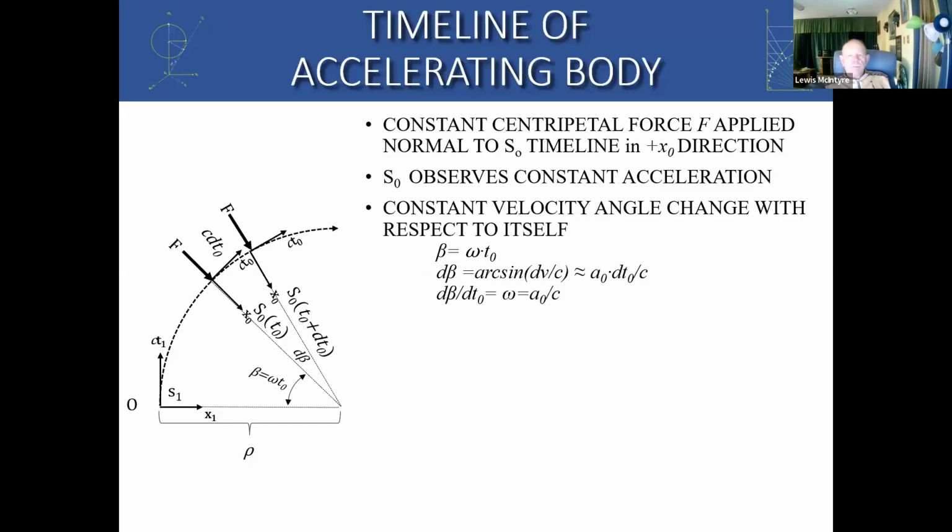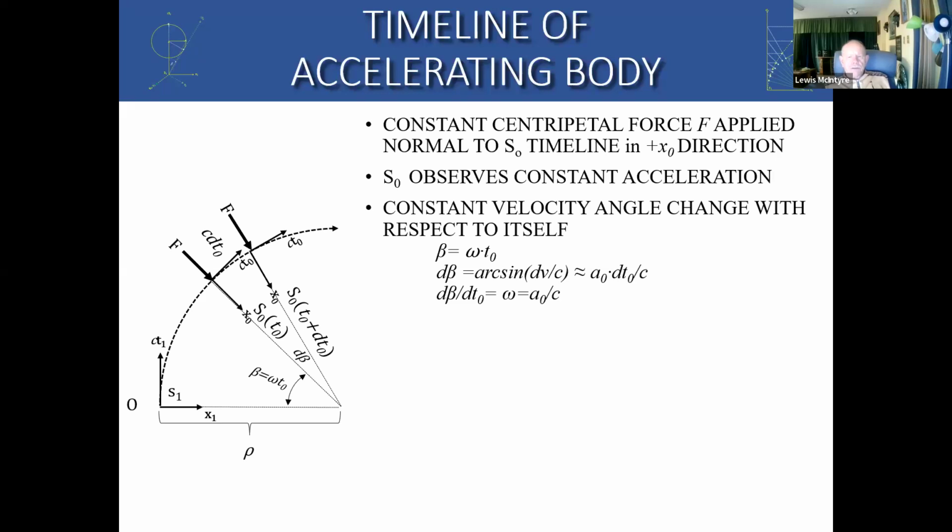We're going to use the timeline from the velocity triangle. At time 0, S0's timeline is initially at rest with and parallel to S1's at O. But with each tick of its clock dt sub 0, its timeline will bend by the amount d beta, equal to dv over c, with respect to its own previous direction.